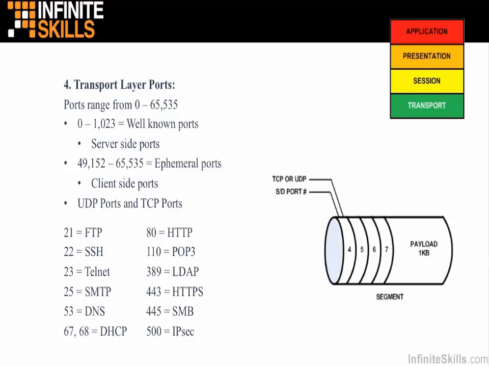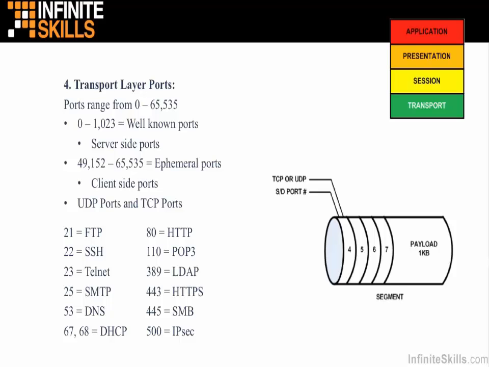The server hands that request up to the appropriate server-side application. If you look down at the bottom of this screen, you'll see a collection of the server-side port numbers that come out of the well-known ports. These well-known ports range from 0 to 1023 and are typically bound to server-side applications, services that run on your network that a client may request.